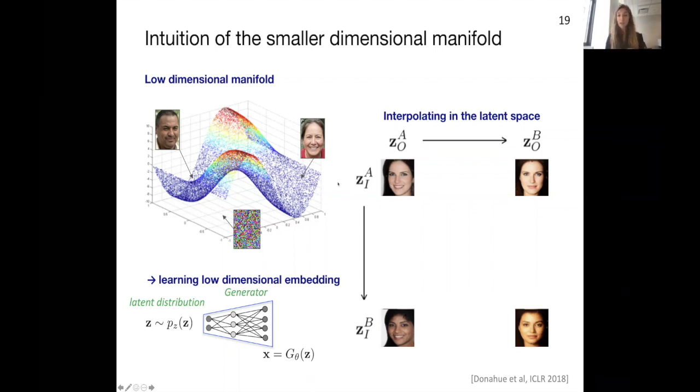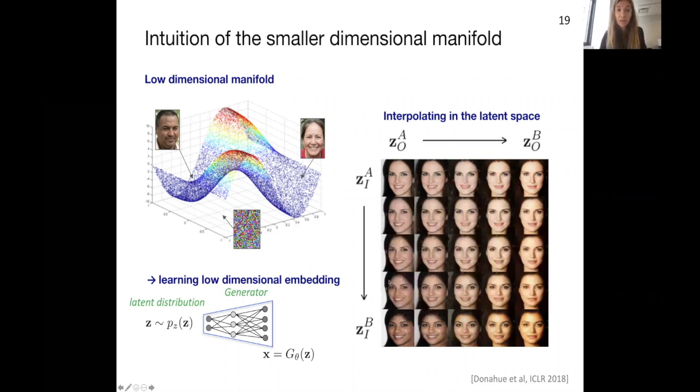And then we can look at all the images that we would generate if we are interpolating between the different values of the latent coordinates. And you can see that you are able to actually generate images that always look like faces and that continuously go from one image to the next. And so you are really just having those latent coordinates that are capturing, if you want, the variability of your network.